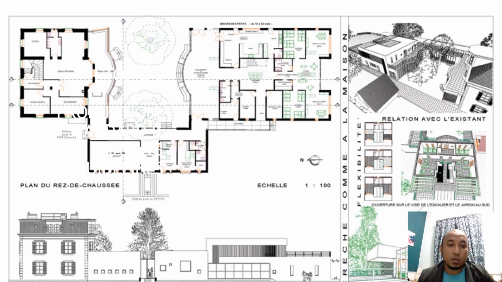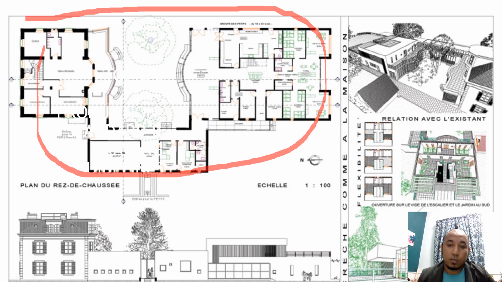Okay, so this is a measured drawing for buildings. As we have seen, this one is the floor plan. They have their scale, and then they have their section areas that they cut for the building.